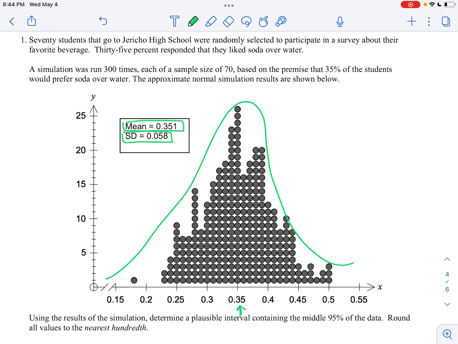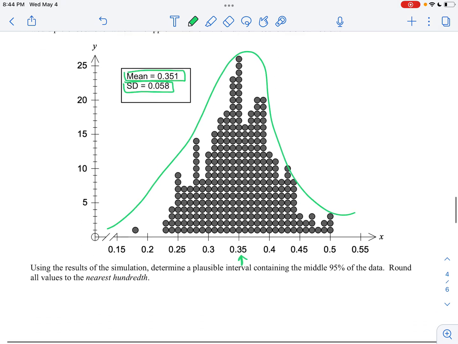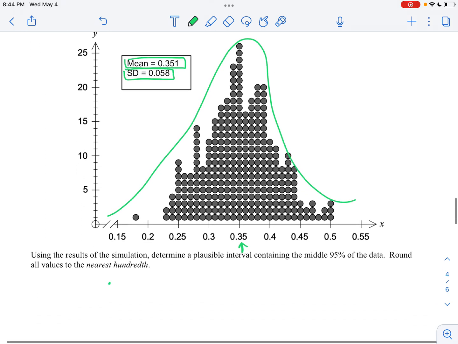We're going to use the results of the simulation to first determine the plausible interval that would contain the middle 95% of data. We take our mean, 0.351, and add and subtract 2 standard deviations, or our margin of error. So let's calculate that: 2 times 0.058.